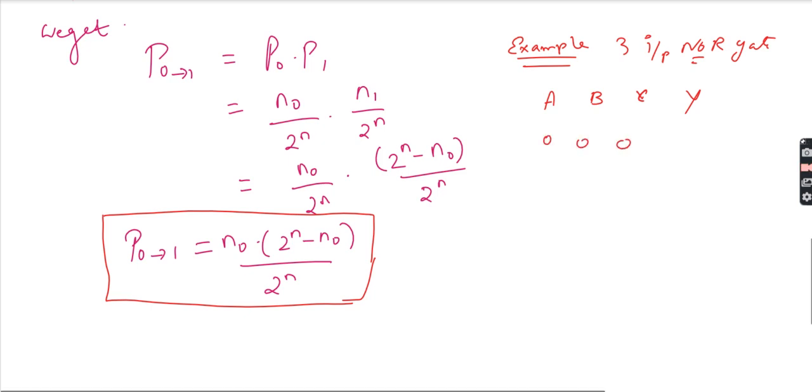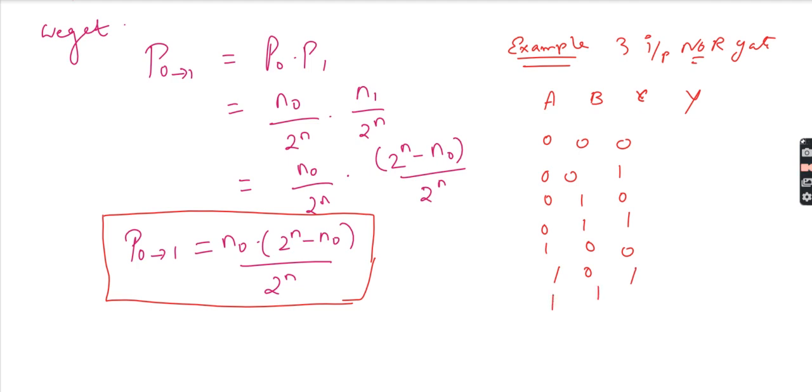The inputs go 0 0 0, 0 0 1, 0 1 0, 0 1 1, 1 0 0, 1 0 1, 1 1 0, then 1 1 1.